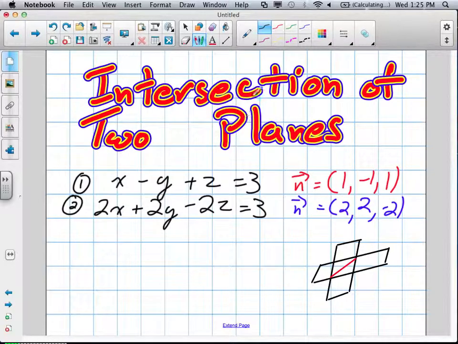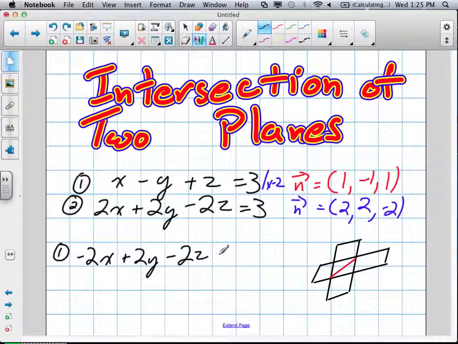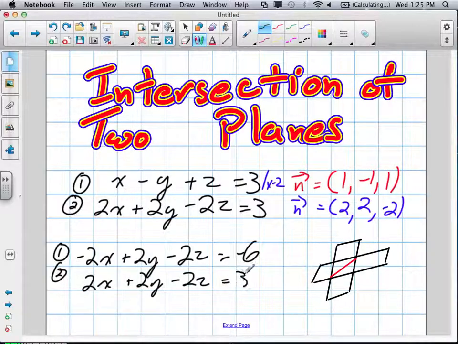We eliminate our x's. I'm going to multiply the first equation by negative 2. And that's going to give me equation 1 again, but negative 2x plus 2y minus 2z is equal to negative 6. Equation 2 will be the same as before: 2x plus 2y minus 2z is equal to 3.